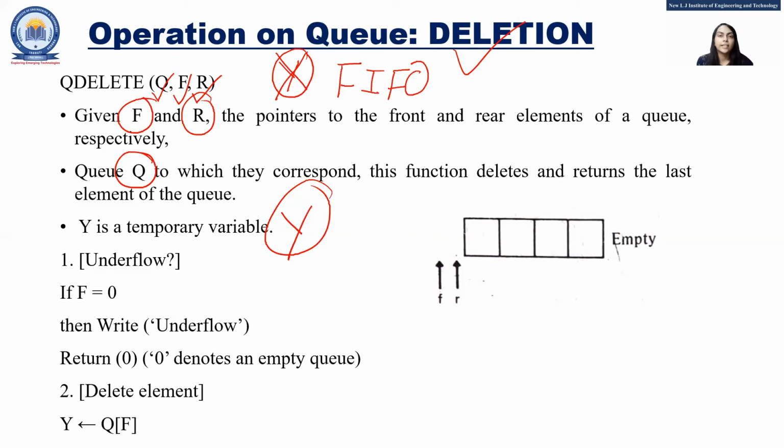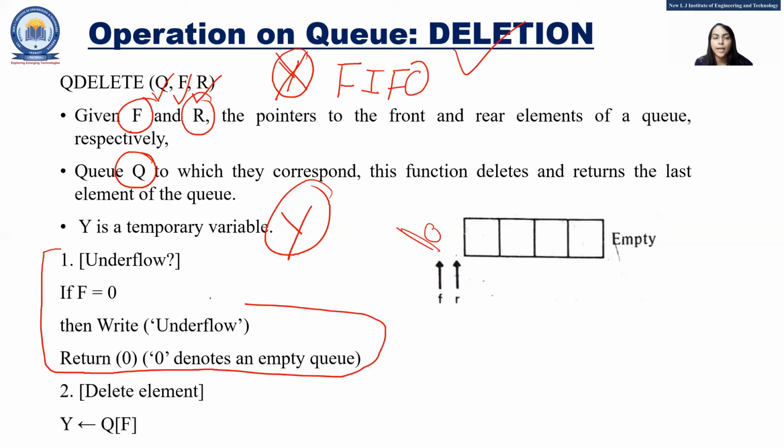While deleting, again, we need to check for the underflow condition. So if F is pointing nowhere, it is 0, then definitely it is a situation of underflow because it is an empty queue. So we will write underflow and we will return 0. 0 denotes an empty queue over here, right? But what if the front pointer is not 0?